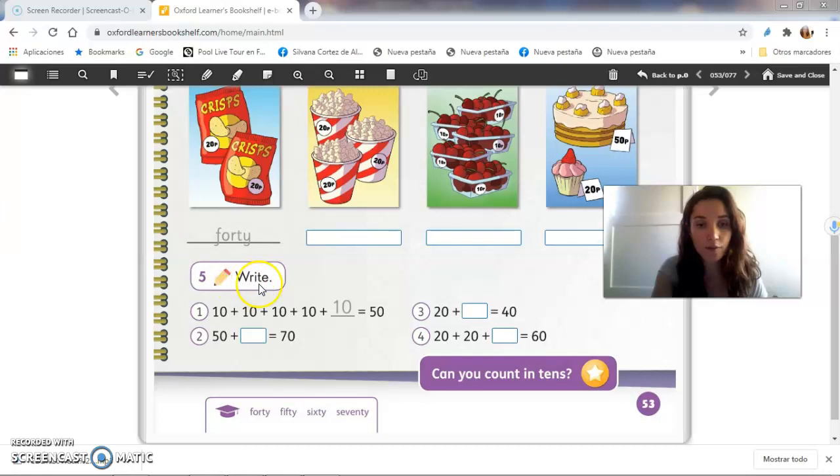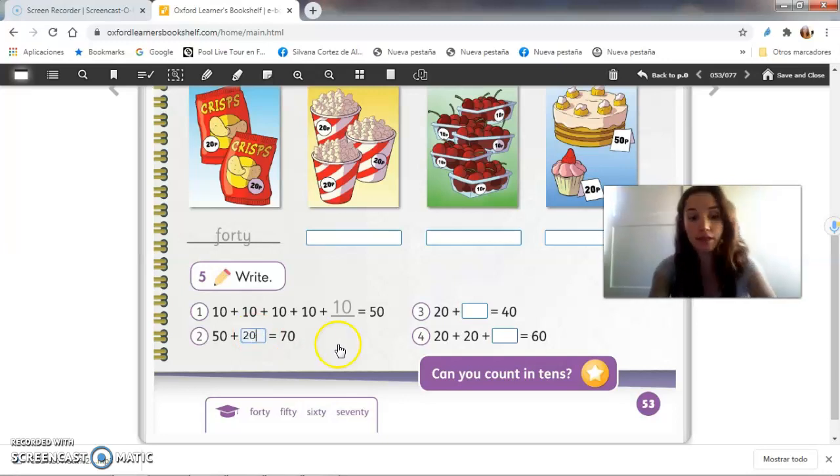On number 5, you have to write the missing number. Tienen que escribir el número que falta. Okay? For example, 10, 10, 10, 10, and 10 is 50. Then, number 2, you have 50 and... ¿Qué otro número tengo que agregar acá para que nos dé 70? Very good. Number 20.